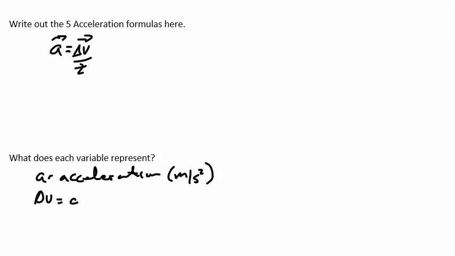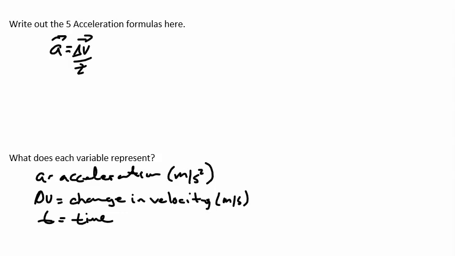Delta v is the change in velocity, in meters per second, and t is time. Delta v and a are both vectors, with magnitude and direction. Time does not. Time has standard units in seconds.